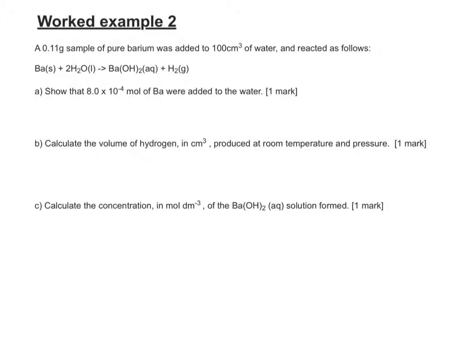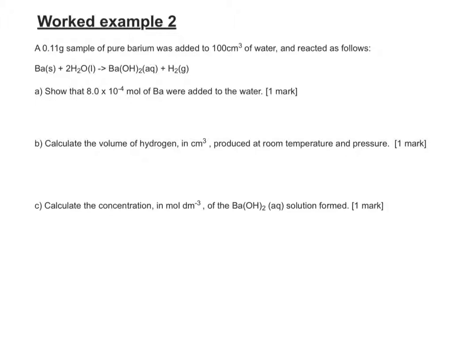So the first one says, show that 8.0 times 10 to the minus 4 moles of barium were added to the water. So if you look at the first sentence at the top, the only data that's to do with barium is given in grams.